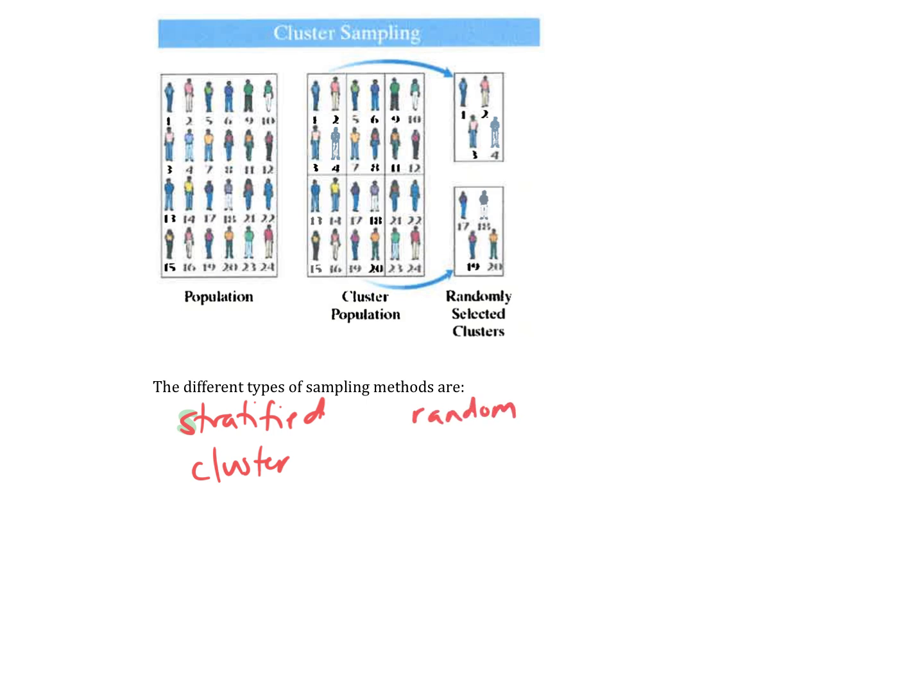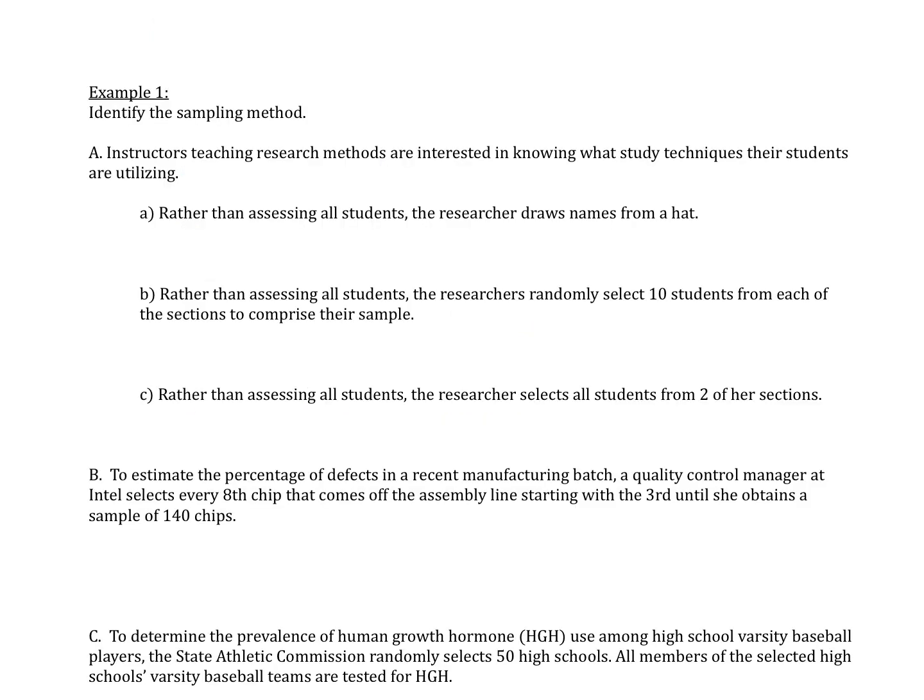You can say just random. Convenience. And then the one that no one can ever remember, but they know what it is. Systematic. The one where you start at this certain number and then pick every fifth or whatever from there. Everyone always has trouble remembering systematic. It's a system. You have a system in place of how to do it, if that helps.